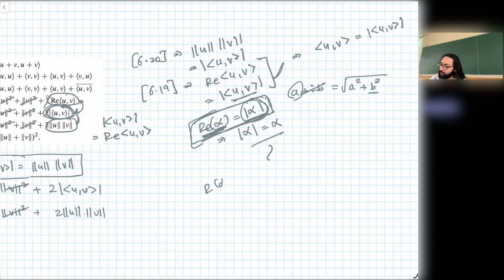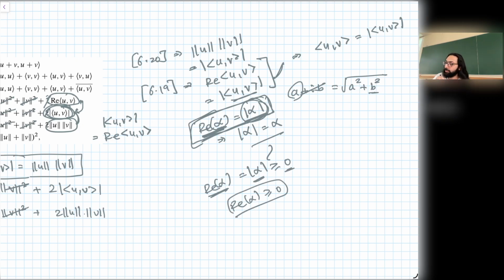So the real part of alpha, in general, can be negative, right? But if this is equal to mod alpha, this is in particular greater than or equal to 0, right? Sure, mod alpha cannot be negative, but you're using this to get this fact, and then from there you're getting the real part is non-negative.